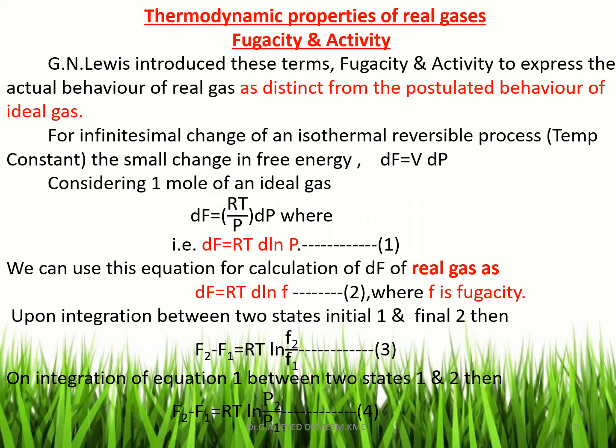Let this equation be 3. Now on integration of equation 1, which is for ideal gas, between two states, F2 minus F1 is equal to RT ln P2 by P1. Here P1 and P2 are the pressures at the initial and final states. Let this be equation 4.